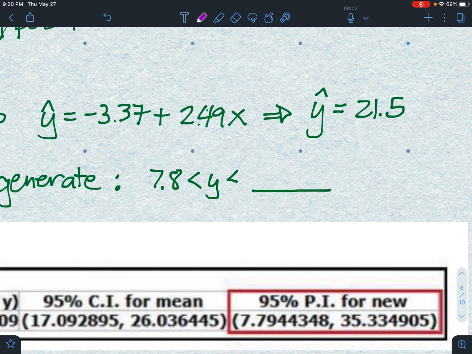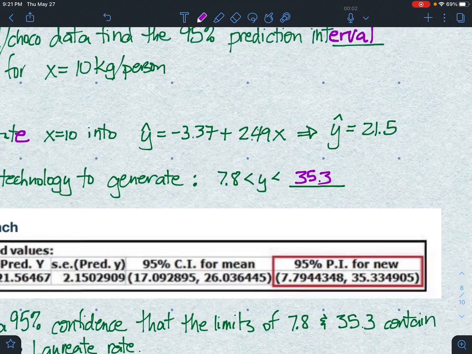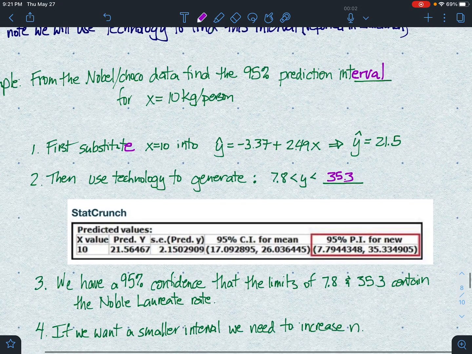Rounding it off to the nearest tenths, we get 7.8 and 35.3. So with 95% confidence, we know that for a 10 kilogram per person consumption of chocolate, you should get somewhere between 7.8 and 35.3, the actual Nobel laureate rate.